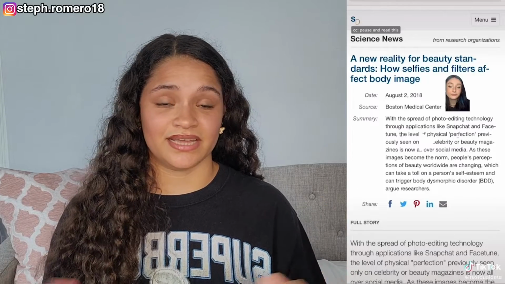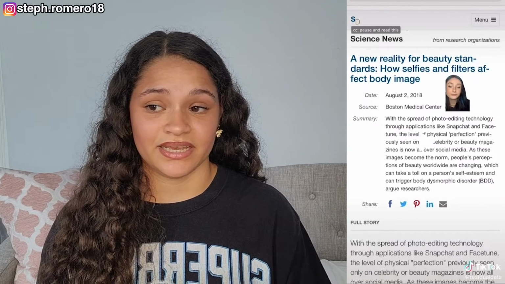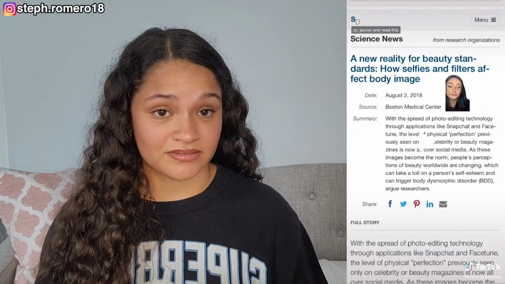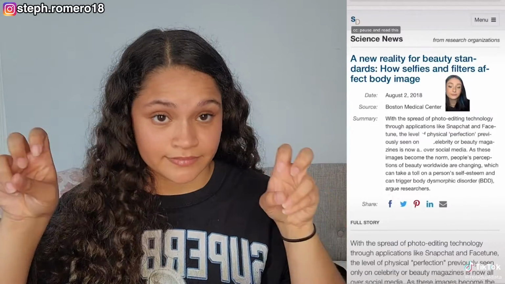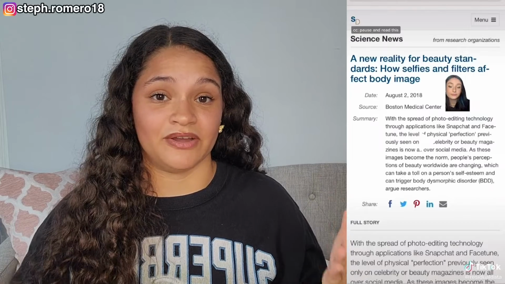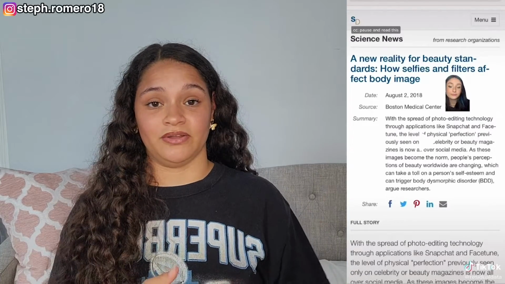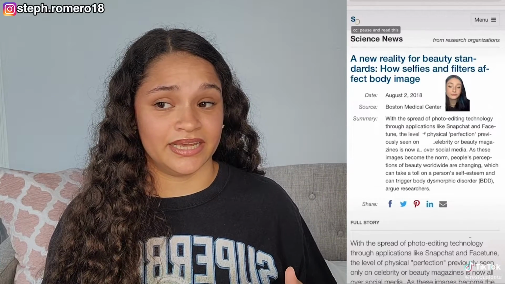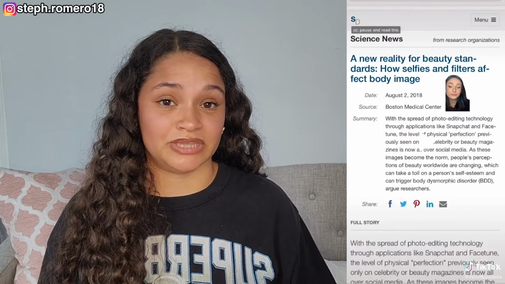photoshopping and things like that, and celebrities using it and putting out posts to make them look perfect, is basically having an effect on viewers. It's having an effect on the people who are consuming the content, and because of those photos, it is becoming the social norm.